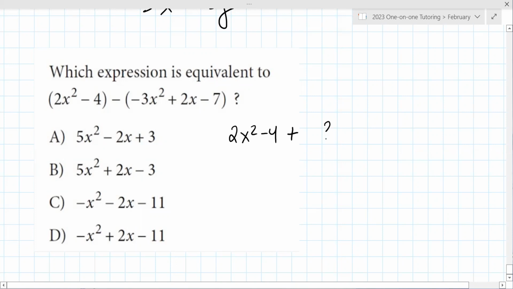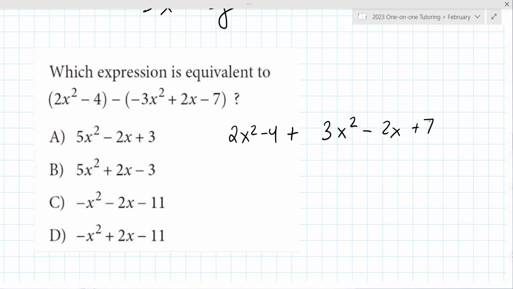Okay. So then it would be positive 3, negative 2x, positive 7, and then is that right for the distributing?